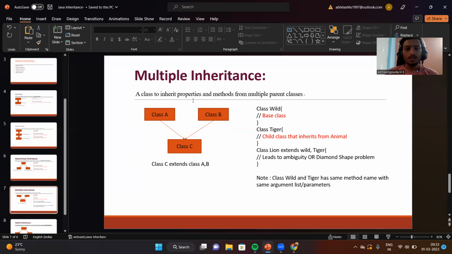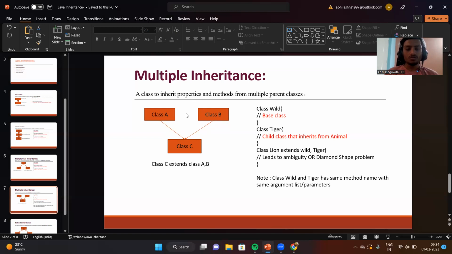Let me explain deeply now. Consider a scenario where class A, class B and class C are three classes, so that class A and class B act as parents to class C, where class A and class B have the same method name with the same parameters, the same signature.